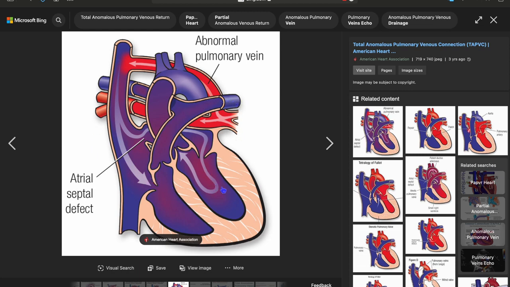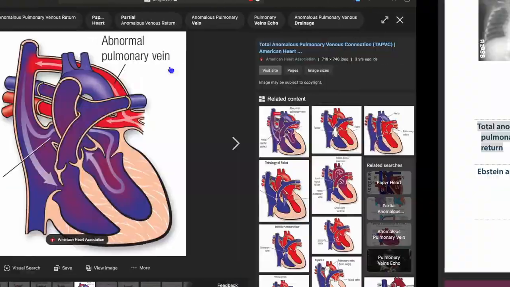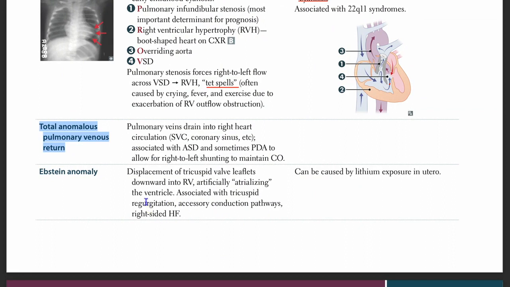Where's this blood coming from? Oh, okay, ASD. That's why. Got it. Cool. So it's associated with ASD then. Okay. And sometimes PDA to allow for right to left shunting to maintain the cardiac output. Okay.